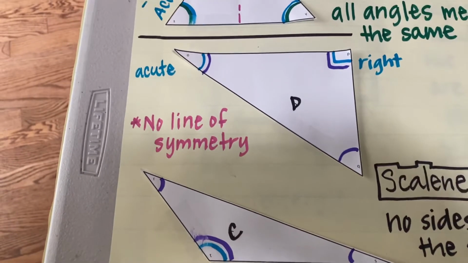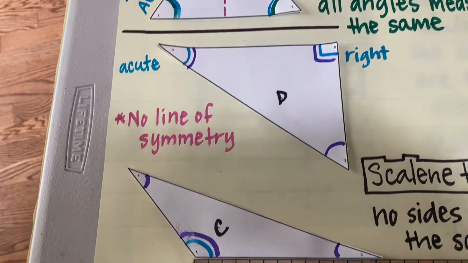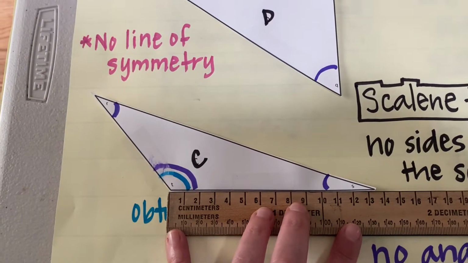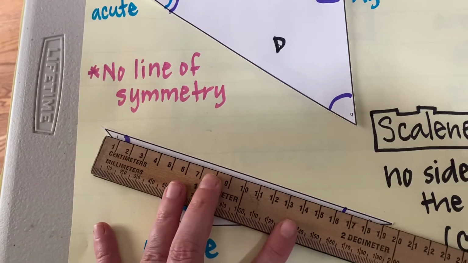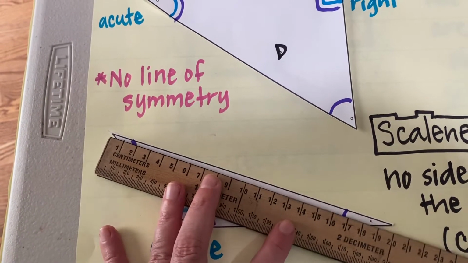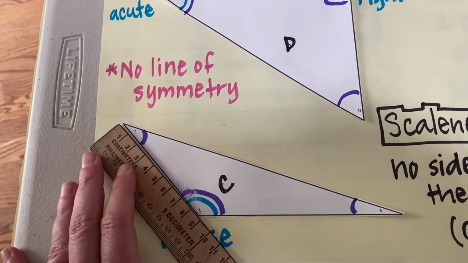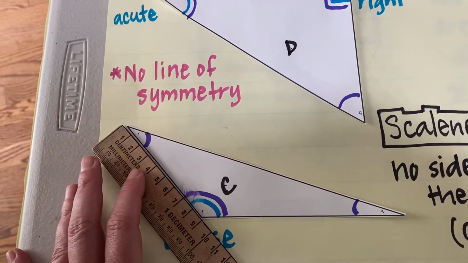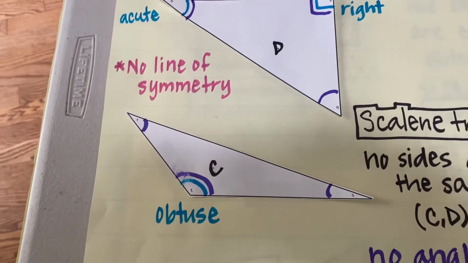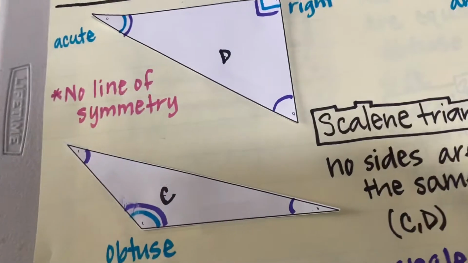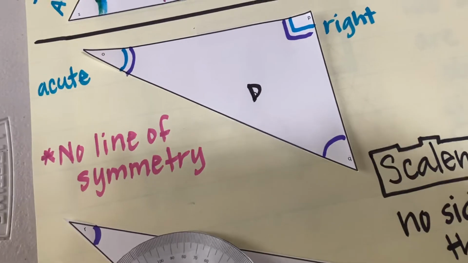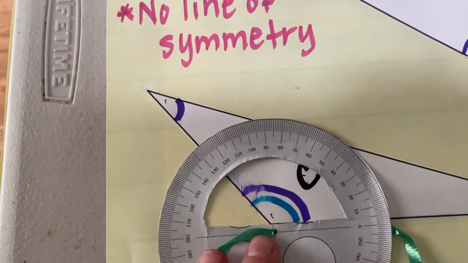I can check that using my straight edge. So this side is 13 centimeters. This long side is almost 20 centimeters. And this side is 9 centimeters, all different side lengths. I can use my protractor to make sure that each of my angles are different.